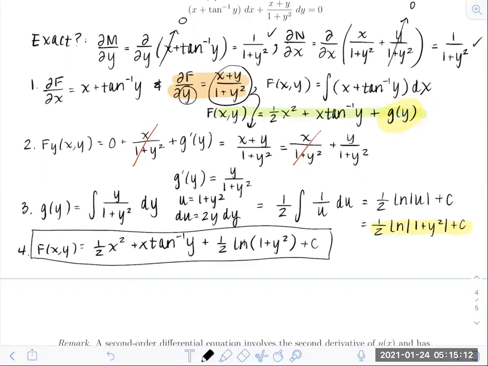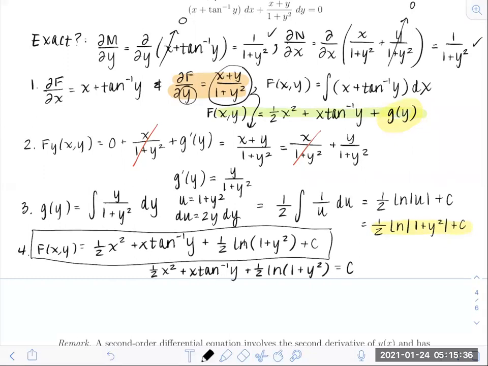As I mentioned, the book tends to write the function on one side and the constant of integration on another. So they tend to write it as 1/2 x squared plus x tangent inverse of y plus 1/2 natural log of 1 plus y squared equals c.